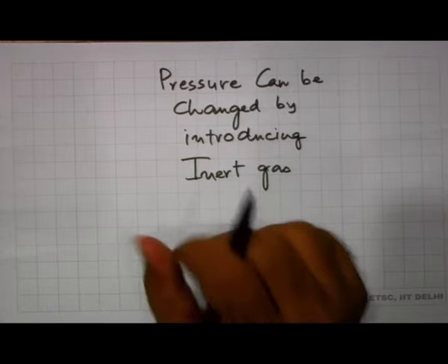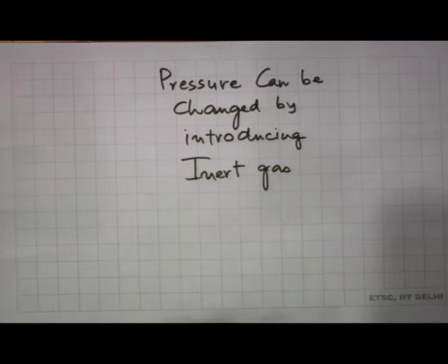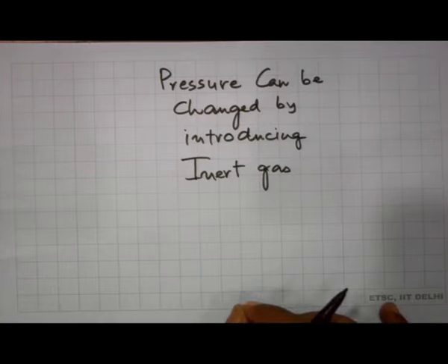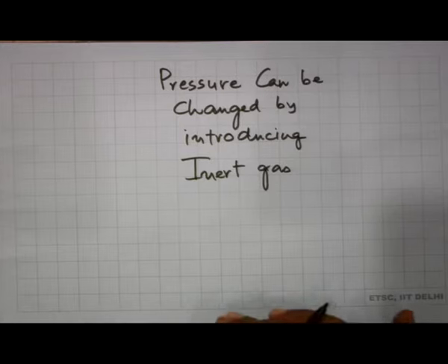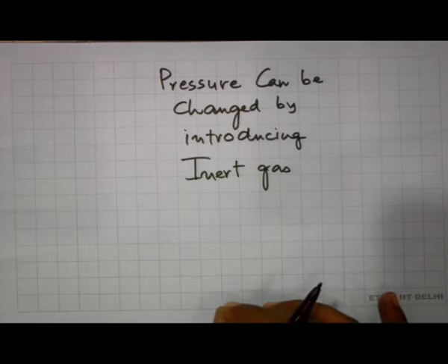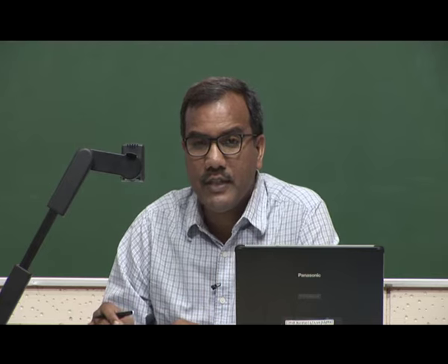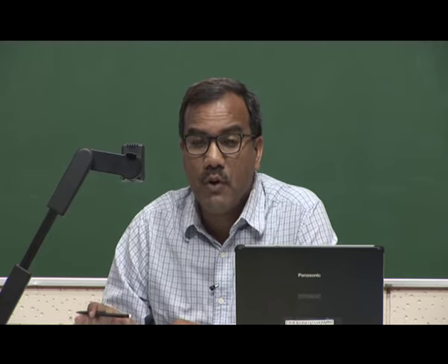First, we discussed that when we change pressure by changing the volume, pressure increases if we decrease the volume, whereas pressure decreases when we increase the volume. But we can also increase the pressure by introducing inert gas, keeping the volume constant.